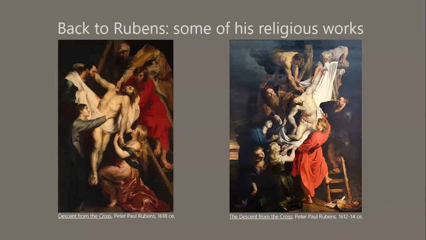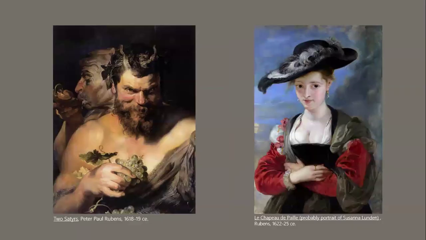What Rubens was aiming for was something more like theater, really more like opera, right? You could almost imagine people singing as you're looking at these. These are very big, grand opera productions of scenes like the Descent of the Cross. But he did do other paintings, some in non-religious subject matters as well.